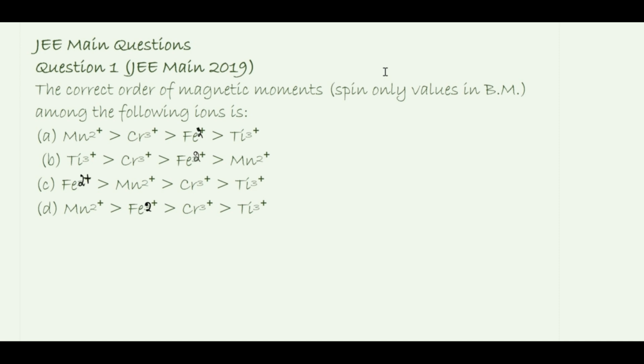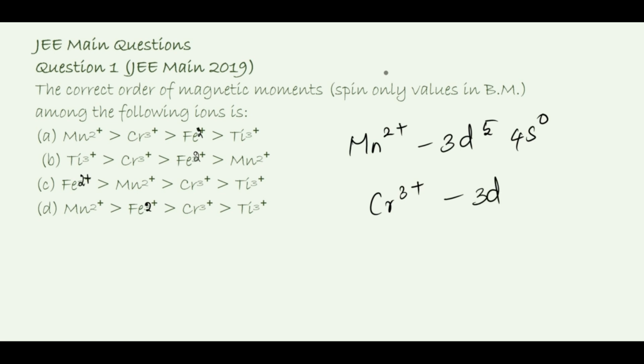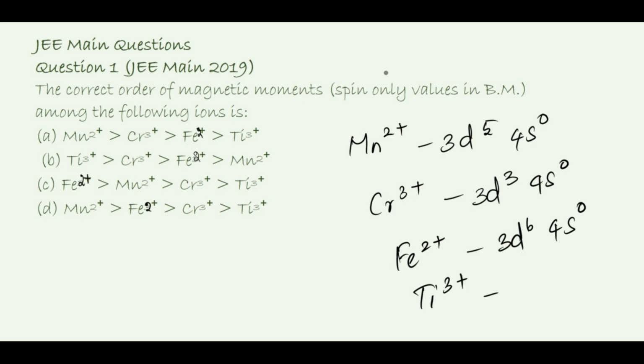Counting the unpaired electrons of manganese 2+: the electronic configuration is 3d5 4s0. Chromium in ground state is 3d5 4s1, and chromium 3+ is 3d3 4s0. Fe in ground state is 3d6 4s2, and Fe2+ is 3d6 4s0. Titanium in ground state is 3d2 4s2, and titanium 3+ becomes 3d1 4s0.